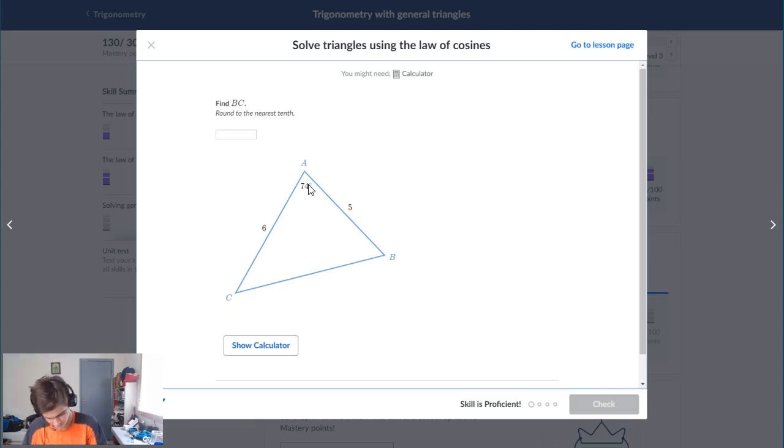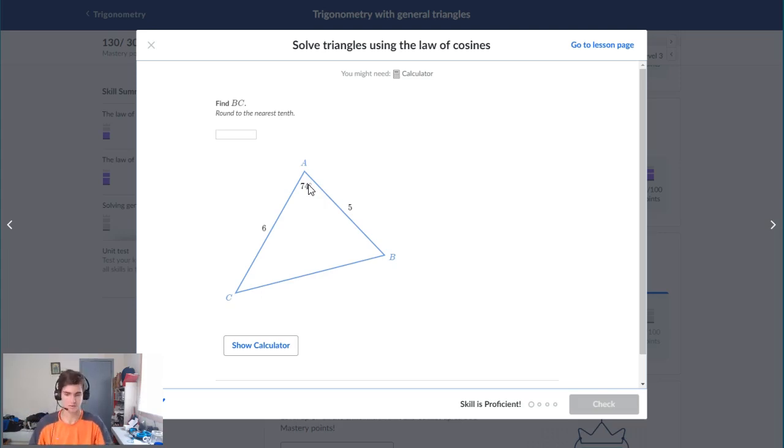So then we have A and B, which are here and here, so I can put in 6 squared plus 5 squared. But then we don't know C, so we can just use C squared. And then we have 2 times 6 times 5.